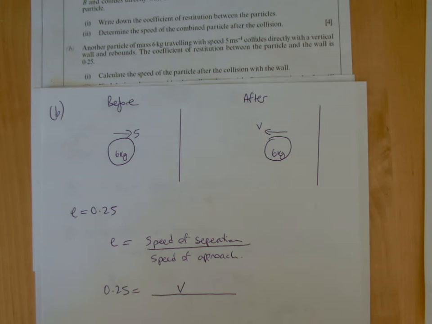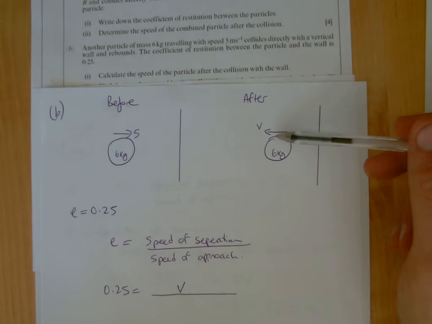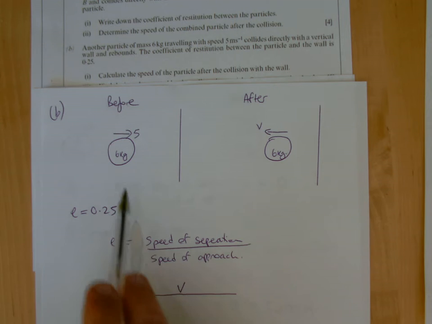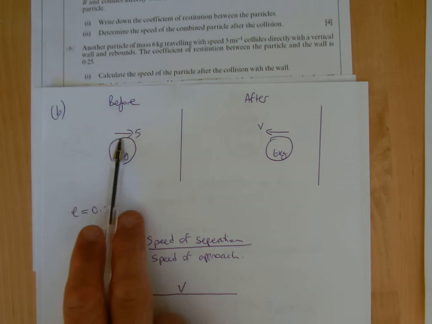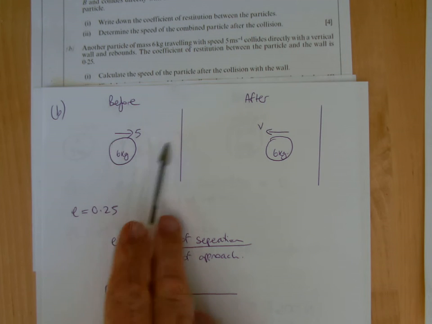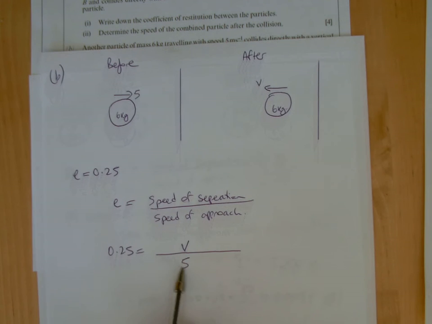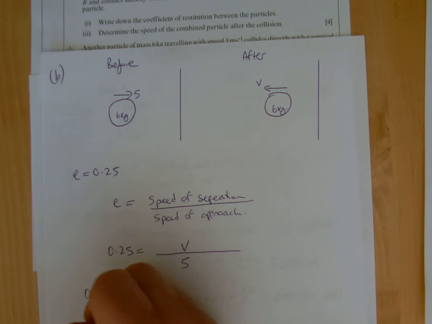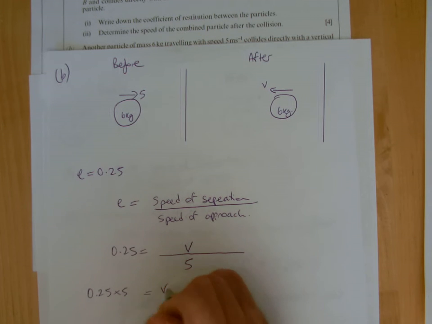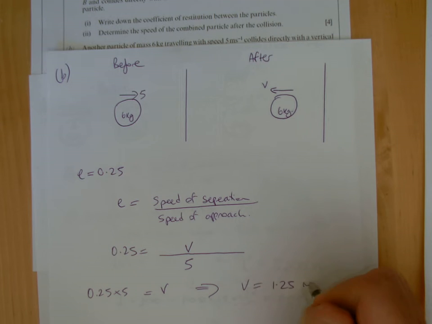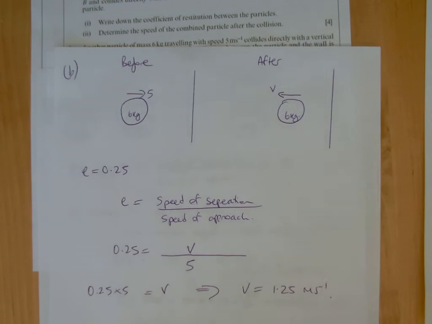So that's got no speed. So in terms of speed of separation, you're just interested in the speed of this object here moving away from the wall. And of course then, speed of approach, what is this approaching the wall at? 5, yeah? So you get that. And then all you've got to do then, take the 5 over, times by 5 to get your V. So that implies then V is 1.25 meters per second.